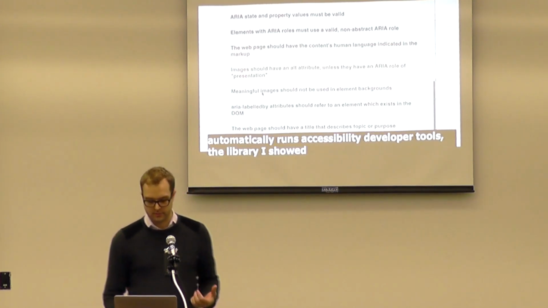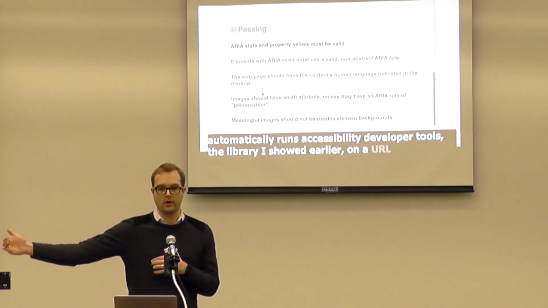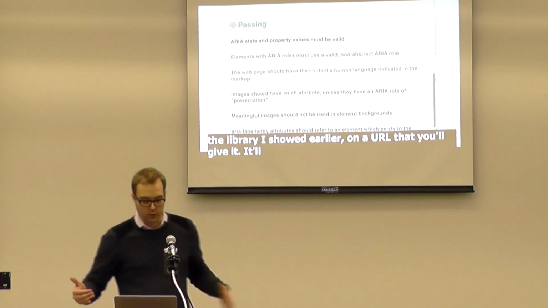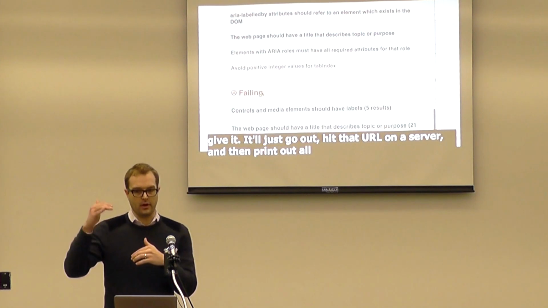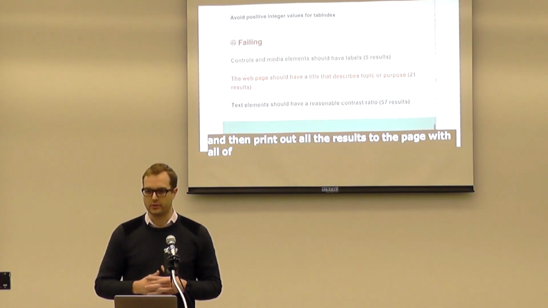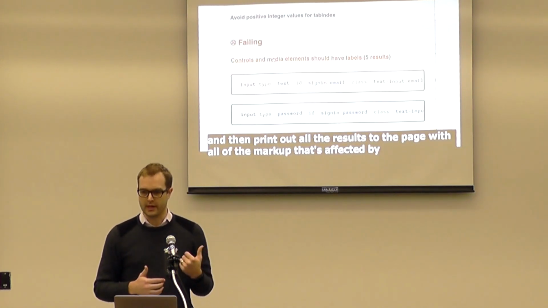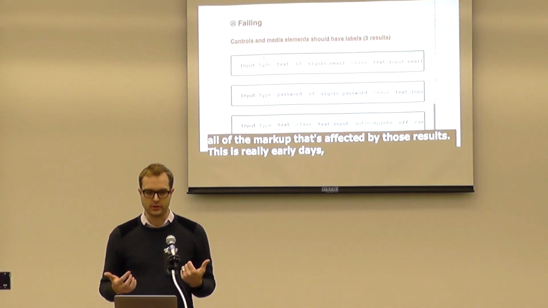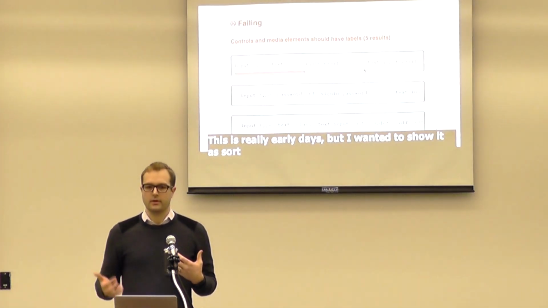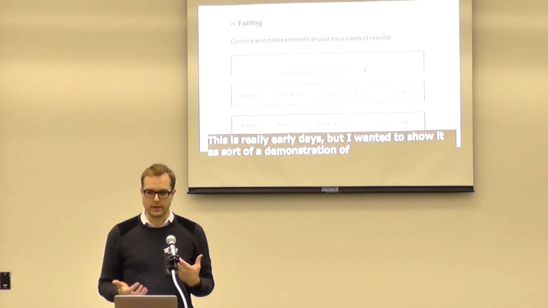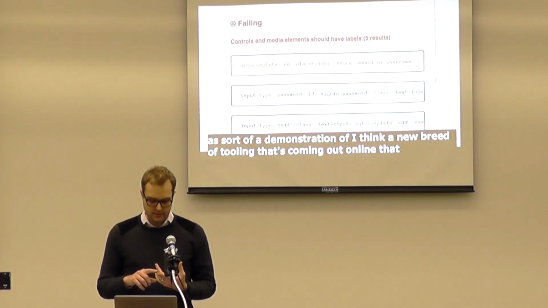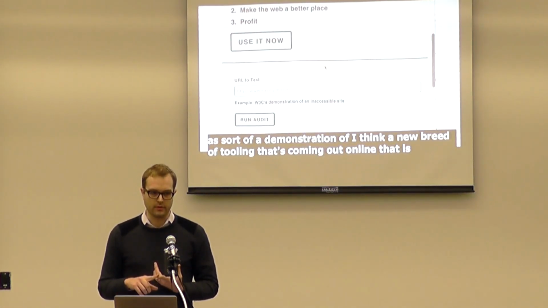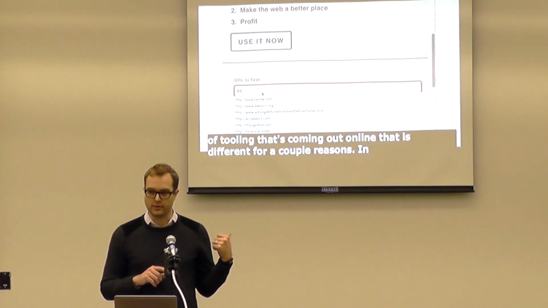It'll just go out, hit that URL on a server, and then print out all of the results to the page with all of the markup that's affected by those results. This is really early days, but I wanted to show it as a demonstration of a new breed of tooling that's coming out online that is different for a couple of reasons. In this case, this is all open source.